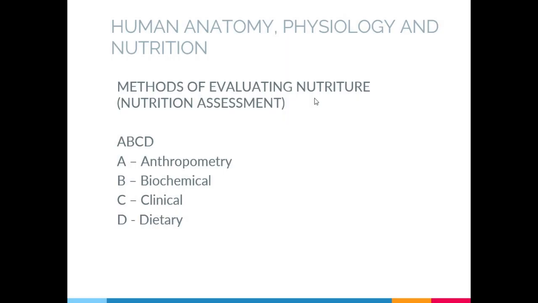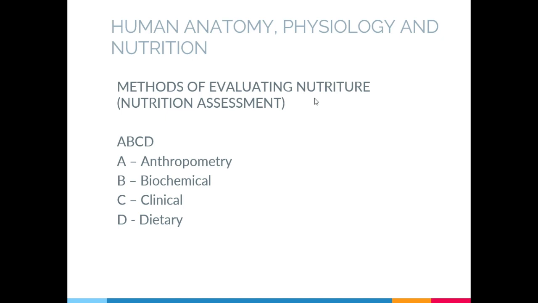Anthropometry is the method of evaluating nutritional status which involves the measurement of the body's dimensions. When you say body's dimensions, we have height and weight, usually height and weight.